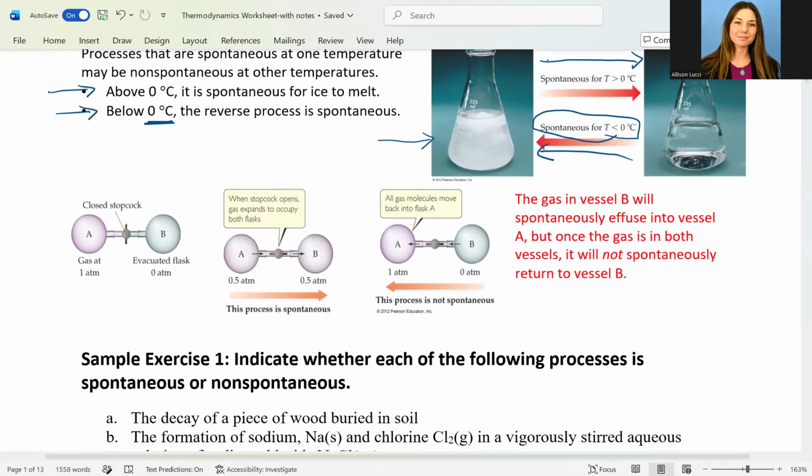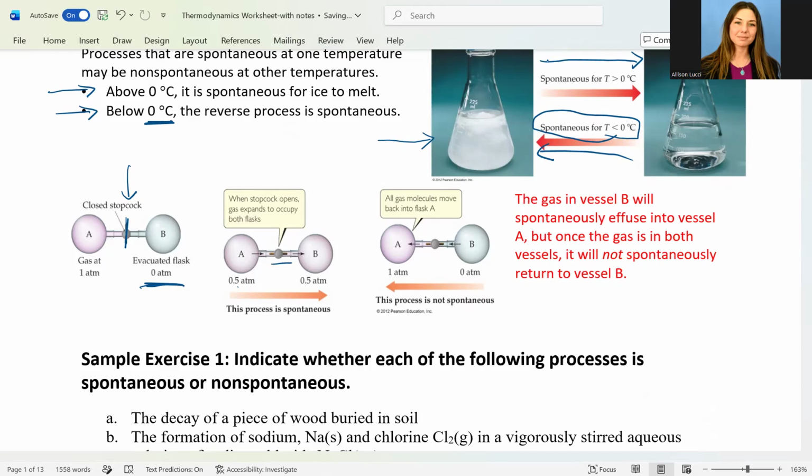Let's look at another example here of a process where we have gas here in vessel A, and it's charged at 1 atmosphere. Then we have what's referred to in the middle here, this closed stopcock. So there's a valve here that's closed and no gas is able to get to this evacuated flask, which has 0 pressure reading.